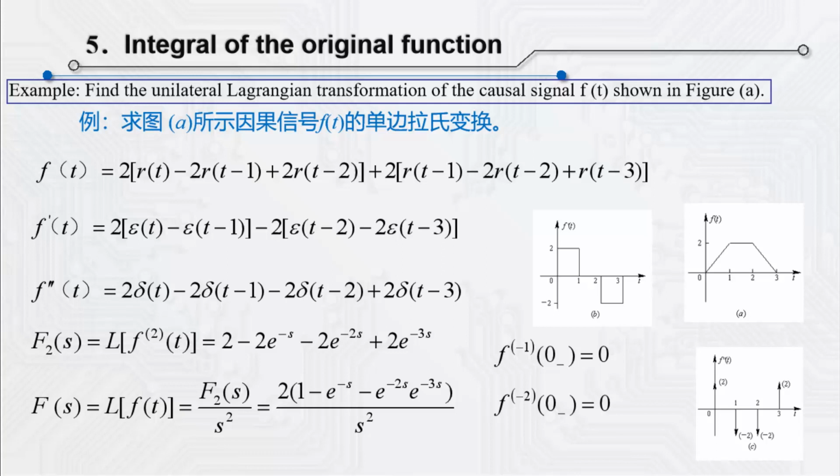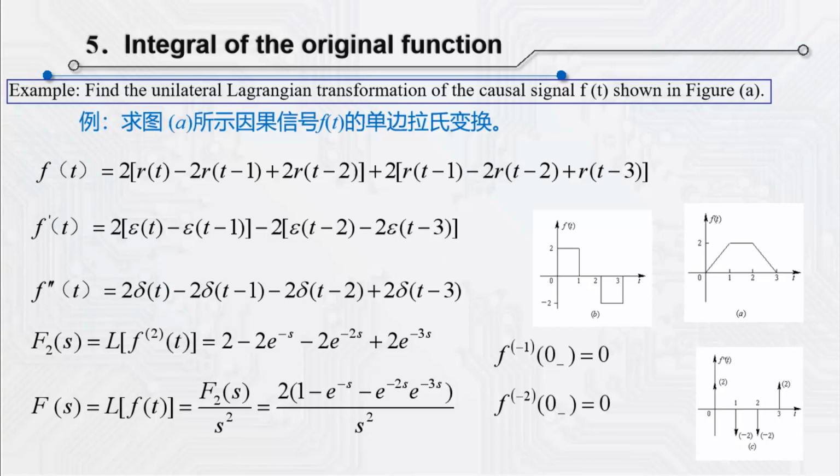The first derivative of f(t) is a step function, and its value at the zero negative point is 0. The f(t) itself is a continuous function, and its value at the zero negative point is also 0.